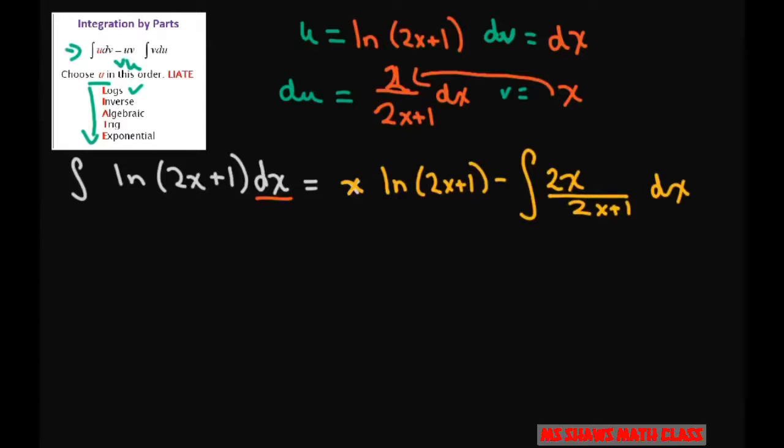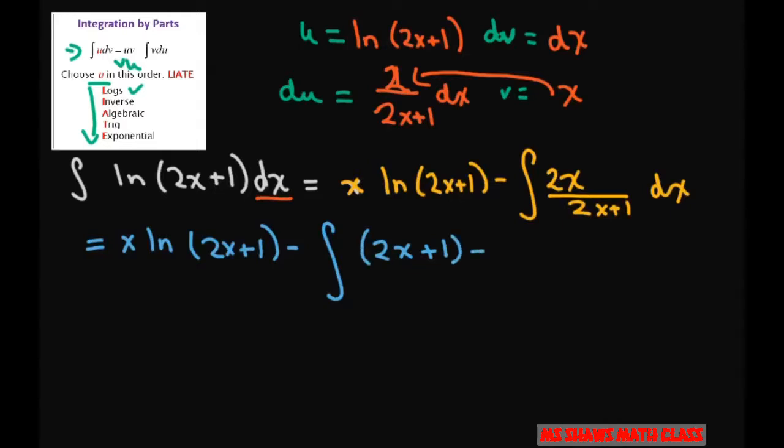All right, so let's simplify this a little further. We have this equals x ln of 2x plus 1 minus this integral. Now, we're going to do a little trick here because we want to use ln to help integrate this. One way to do that is to take this 2x and add 1 to it and subtract 1.